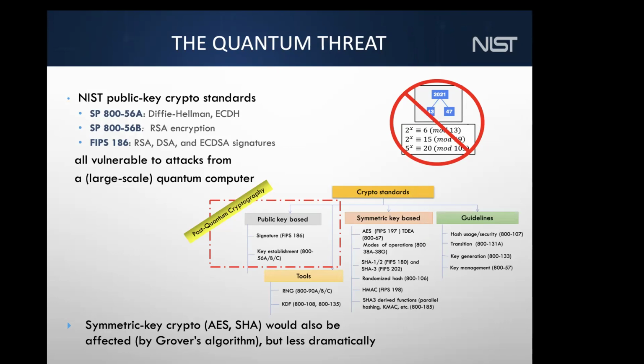Because of the quantum threat that is posed from Shor's algorithm on a large-scale quantum computer, every single one of the public key algorithms in our standards would be vulnerable. That includes algorithms like Diffie-Hellman, the elliptic curve version of Diffie-Hellman, and also RSA, both encryption and signatures, as well as the elliptic curve digital signature algorithm.